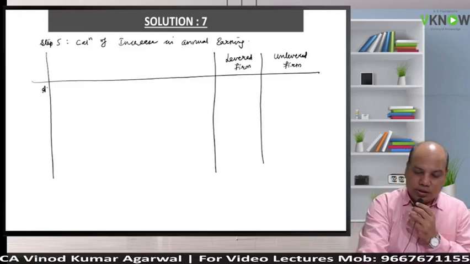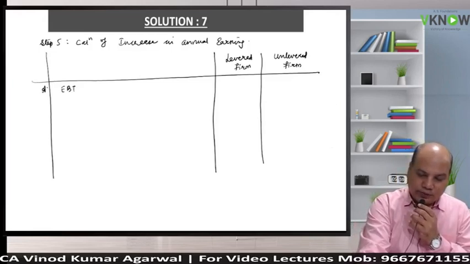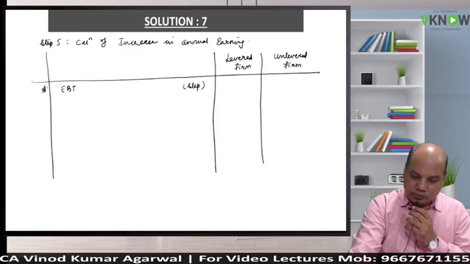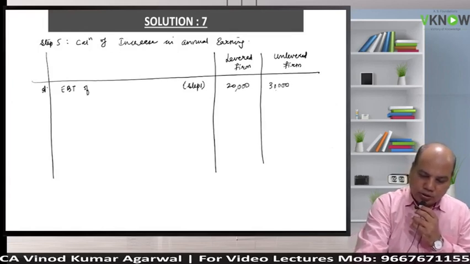So let us write down first the EBT of the firm. How much is EBT as per step 1? As per step 1, 20,000, and so this is the earning of the company, EBT of the firm. And then you write point B, net income of the investor.